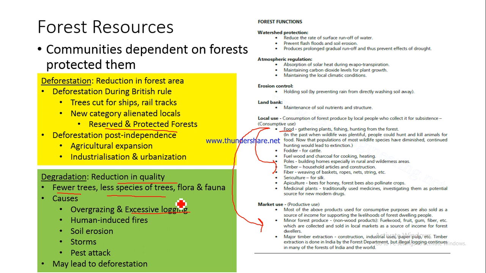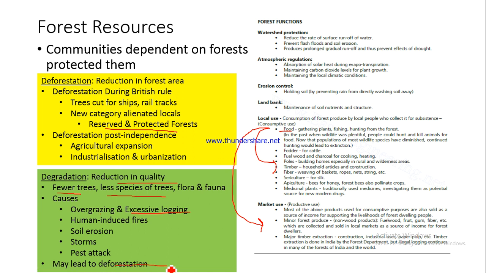So soil erosion would become more prominent and more frequent, and the quantity and the volume of the eroded soil would also increase, and this would ultimately impact the quality of the forests.